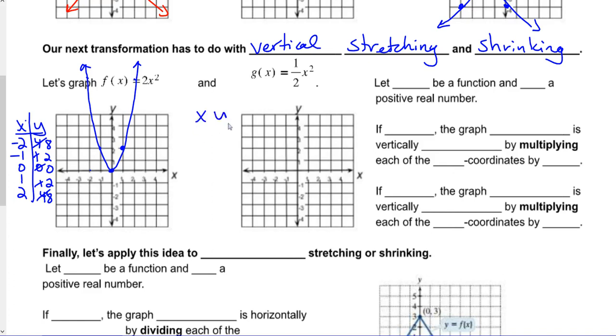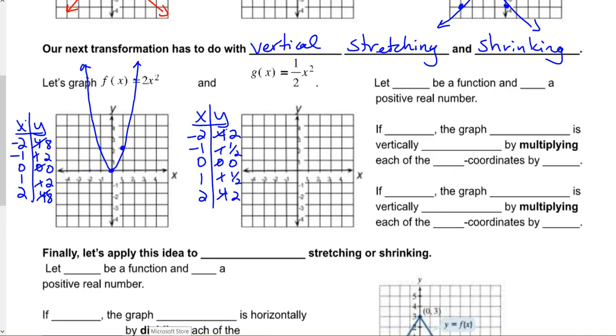Now, I'm going to look at that parent graph, x², and think about those original points. If I square each one of these points, I get 4, 1, 0, 1, and 4. Now, that is this piece, but this function tells me I now need to take half of that. So half of 4 is 2, then I get 1/2, then I get 0, then I get 1/2 again, and then I get 2.